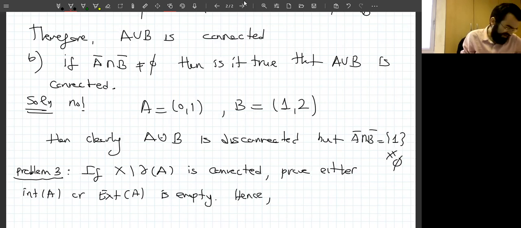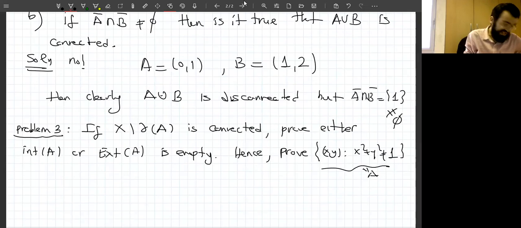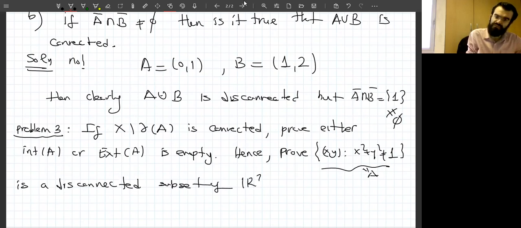Hence, the second part of the question is to prove this set is not connected. Call this set A. It is a disconnected subset of the plane. Let me pass to the other page.